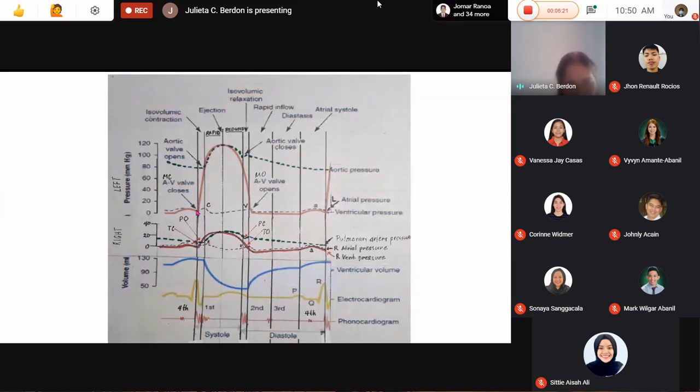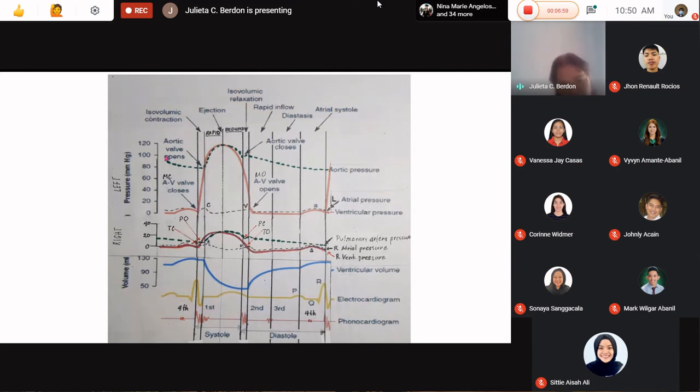Look. Kung mag-una og contract ang left ventricle, kinsa may maunag close, ang mitral valve o ang tricuspid valve? Kasabot mo sa akong question. Balik. Pag-abot diri sa isovolumetric contraction, inig-start sa contract, the ventricular pressure will increase immediately, closing the mitral valve. So MC, mitral valve closure.